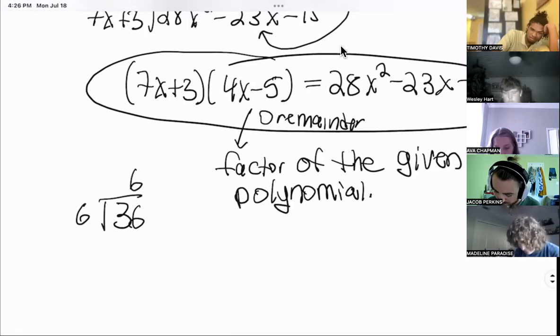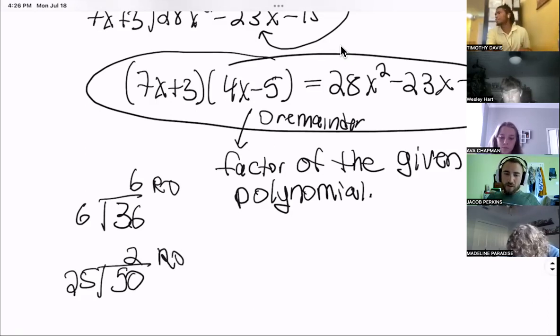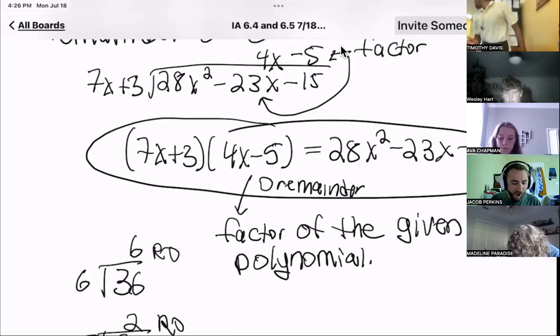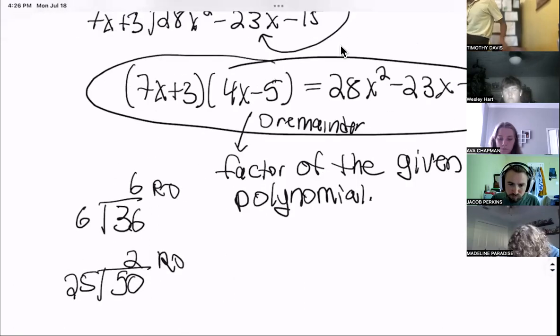There is no remainder because 6 times 6 is 36, right? Remainder 0. If I have 50 divided by 25, the answer is 2. There is no remainder. That's because 25 and 2 are factors. Same thing with polynomials. 0 remainder means you have factors. They are factors of the given polynomial.